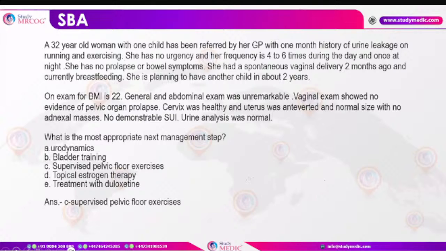Because what happens is, after the surgery, if the woman becomes pregnant again, then whatever you have achieved by the surgery, by the weight of the pregnant uterus, the advantage of surgery will be lost. So any woman who has not completed her family, presenting to you with stress urinary incontinence, always first offer conservative management in the form of supervised pelvic floor exercises.